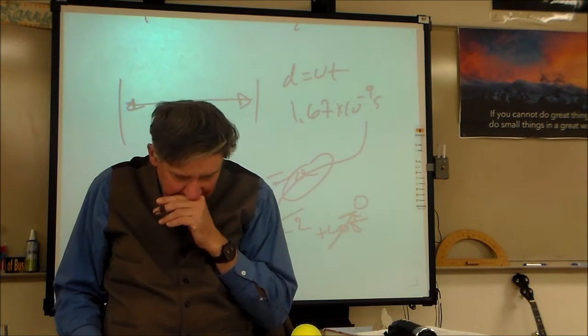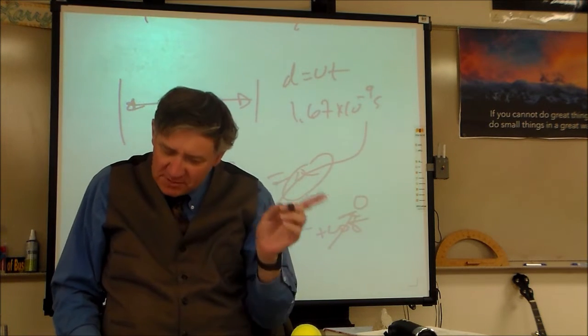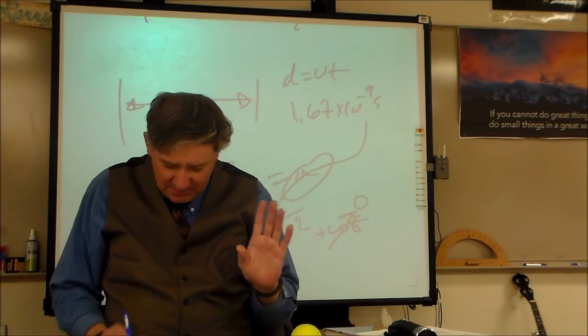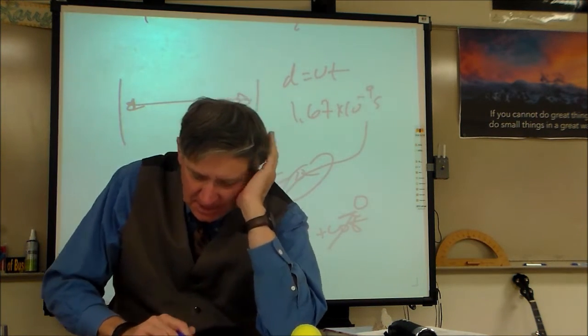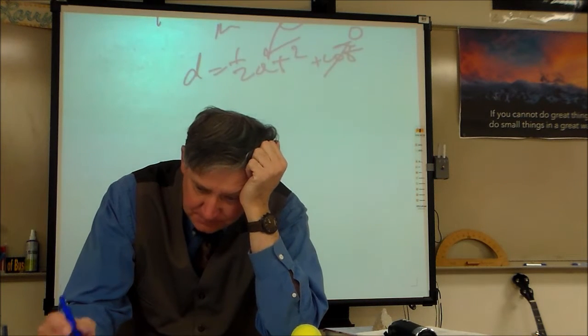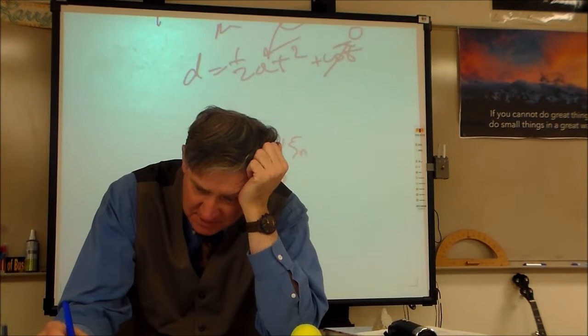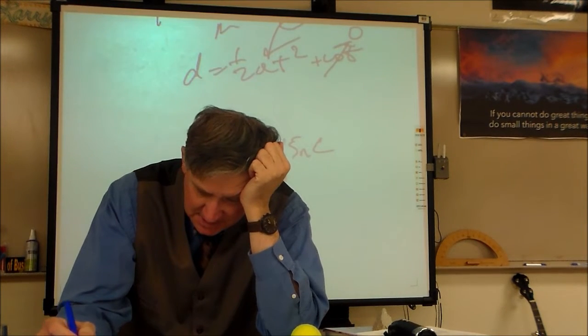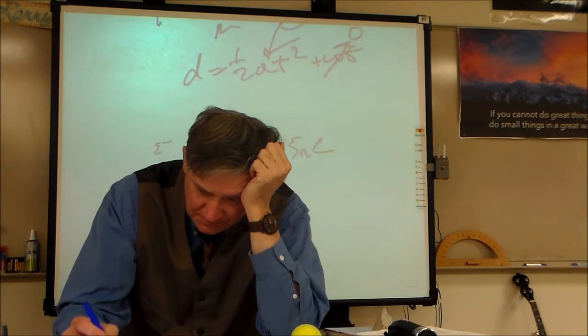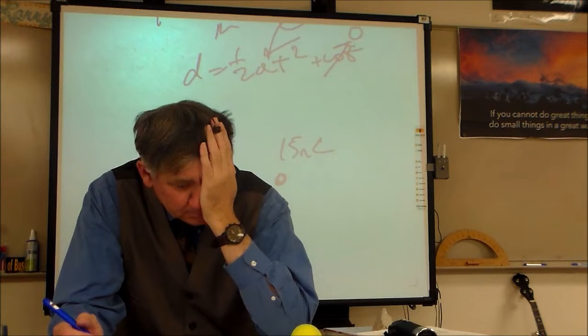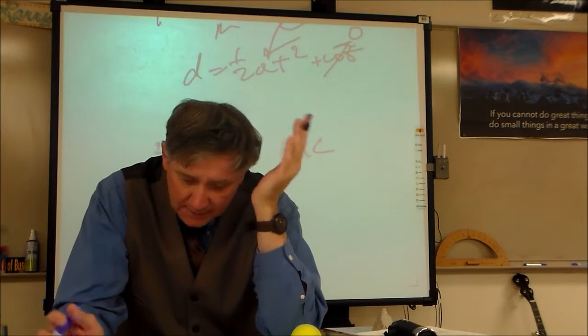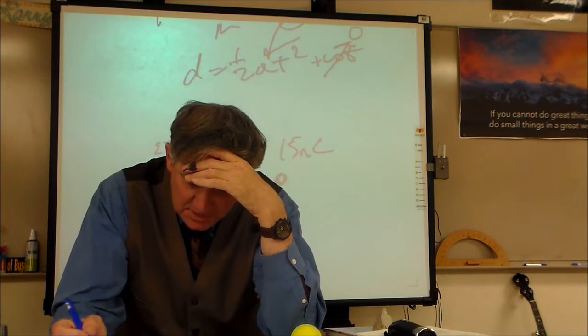On 24 was the one I was worried about. That whole thing kind of gave me pause. So here's the deal. You've got a 15 nanocoulomb charge here, and then you've got an electron over here, and it wants to feel no net electric force.